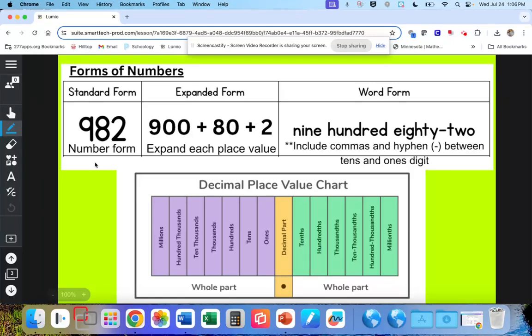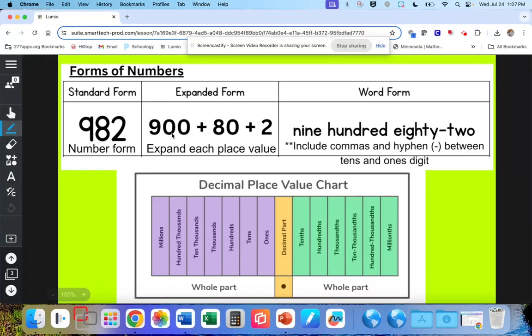Some other knowledge you should have for words or number sense would be the different forms of numbers. Standard form means just the number form. So when you see just numbers, that's called standard form. The next one is expanded form.